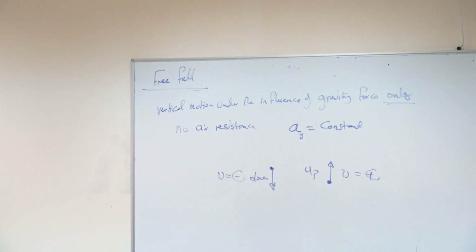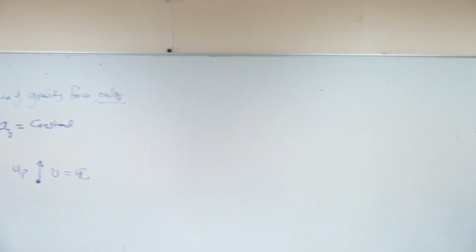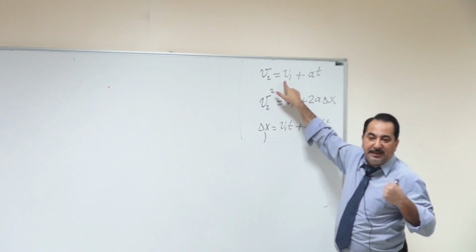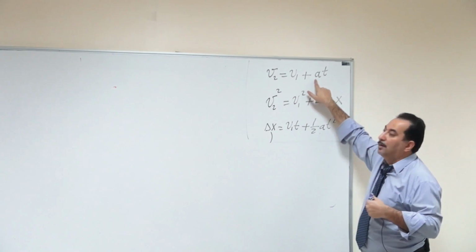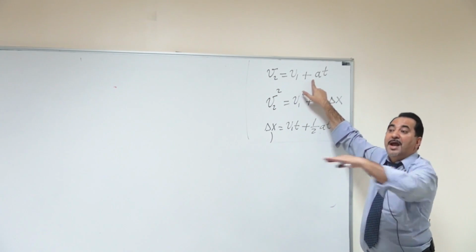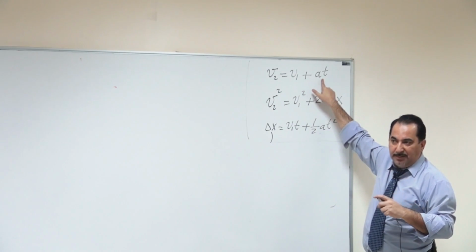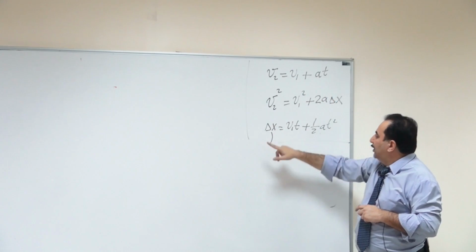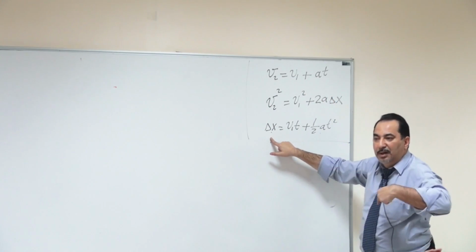These equations, what were we talking about? An object moving on the x-axis. So when I say v1, I mean velocity on x, initial. Velocity final on x. Which acceleration? On x. T has no x or y; t is dimensionless. So this is acceleration on x. Delta x is displacement on x.